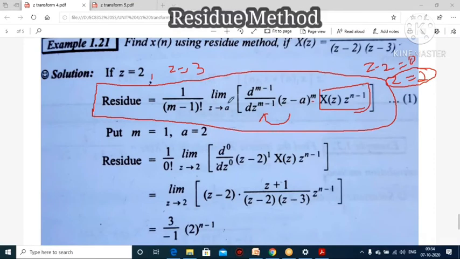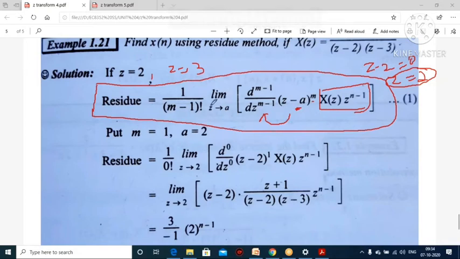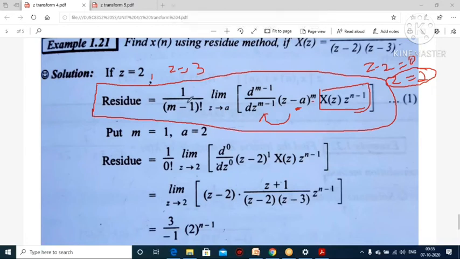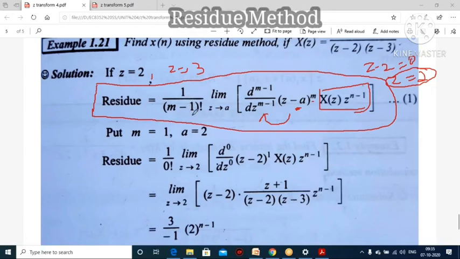Then you apply the limit, because the pole is z tends to a. And before that, you add the factorial term, 1 by (m minus 1) factorial, since the order is m minus 1. So this is the easy way to write down the residue formula.